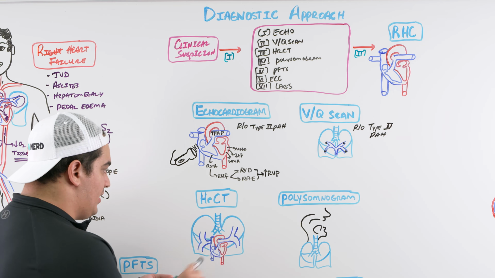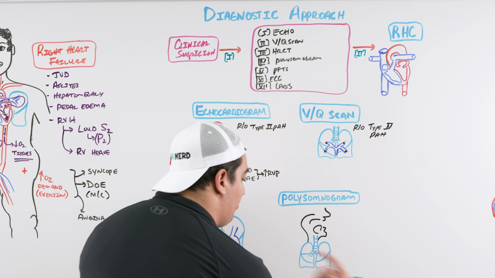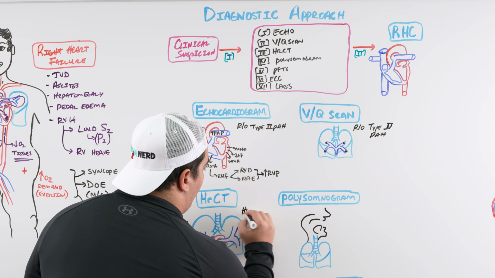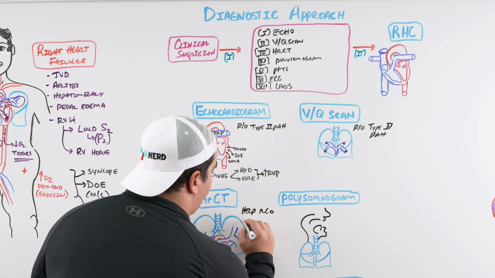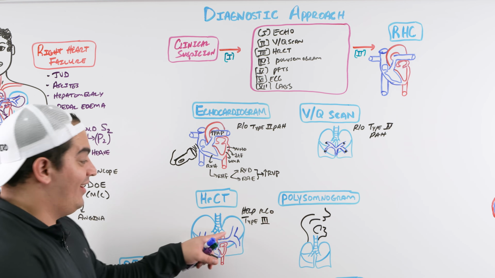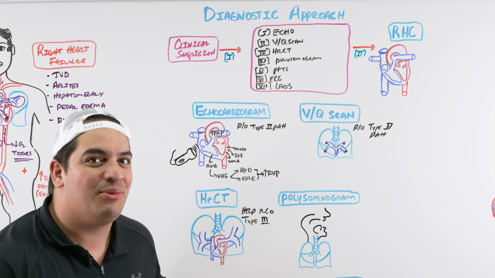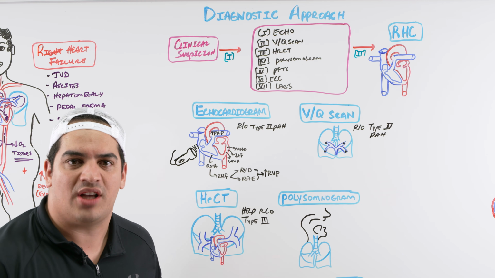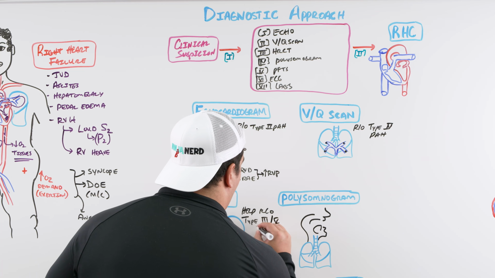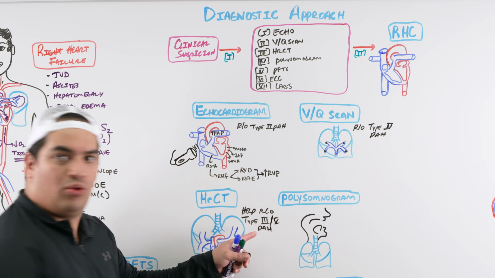It won't guarantee me, but it may help rule out a type 3, and what else? Mediastinal tumors, sarcoidosis like granulomas, other compressive things. Type 5 pulmonary artery hypertension. Isn't that pretty cool?